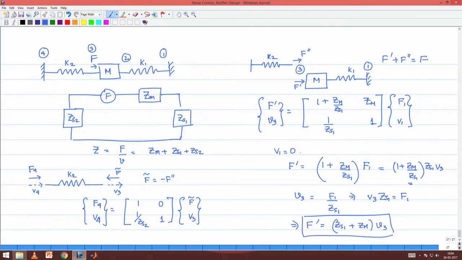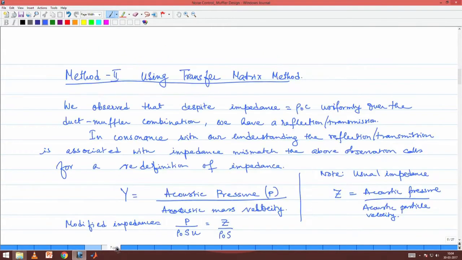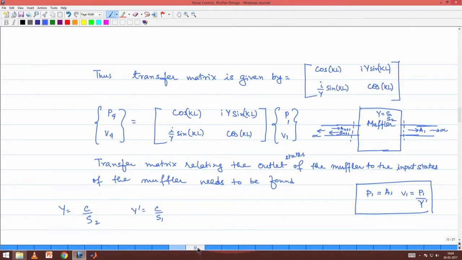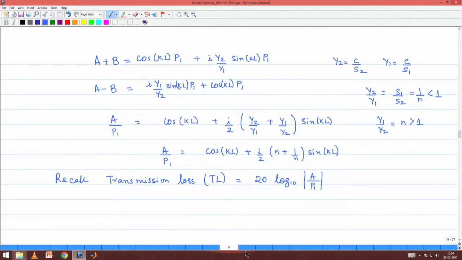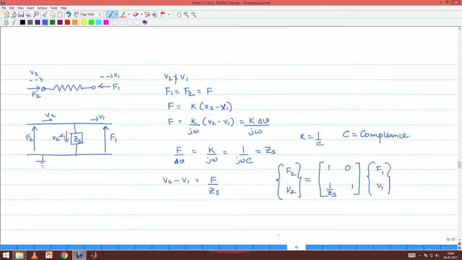F tilde just resembles in a generic sense the force F3, but in this situation we understand that we have got the situation exactly corresponding to this situation, right.